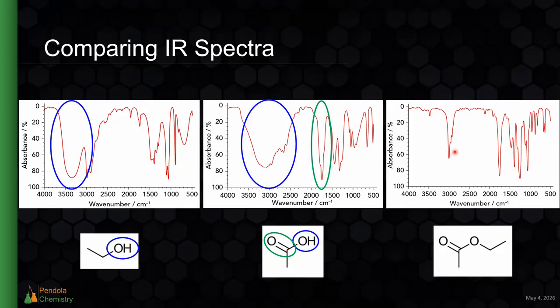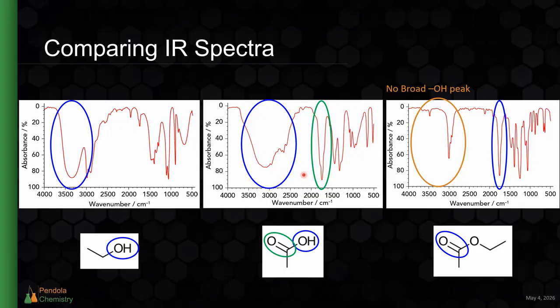If we look at the ester, we'll notice that we do have that very deep peak around 1,700. That's very narrow. But what is missing on the ester? There's no broad OH peak on the ester because the ester, unlike the carboxylic acid and alcohol, does not have an OH bond in there.